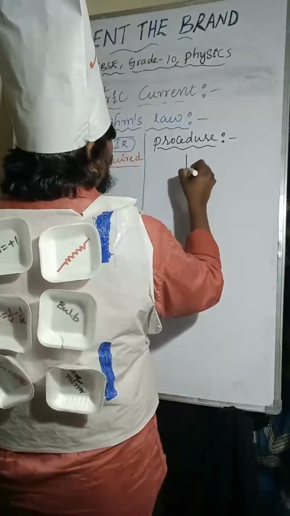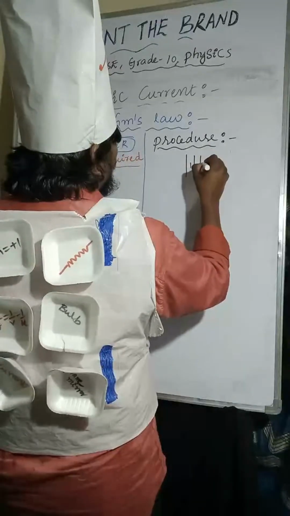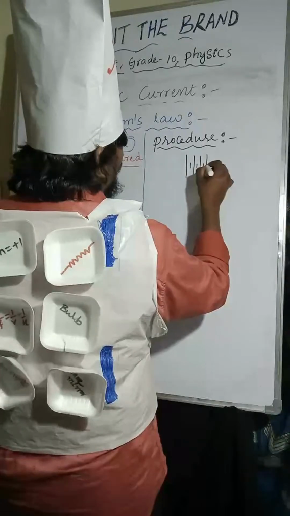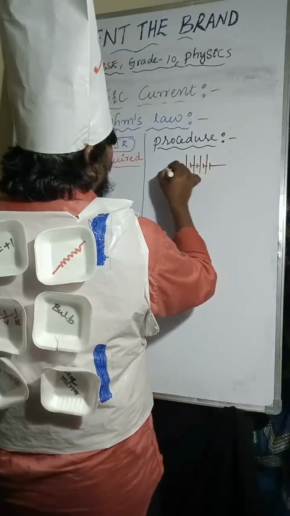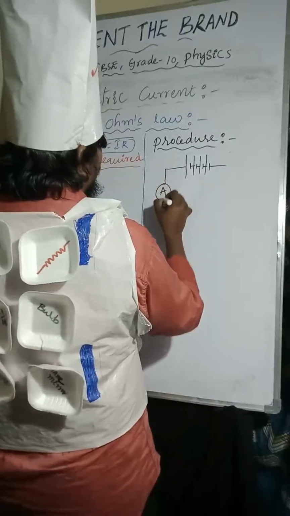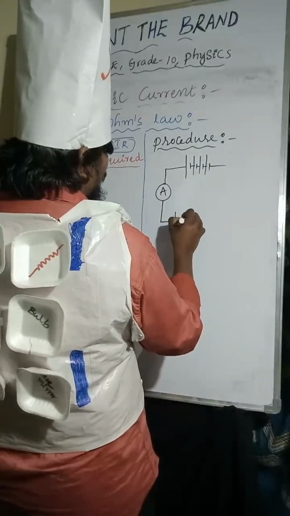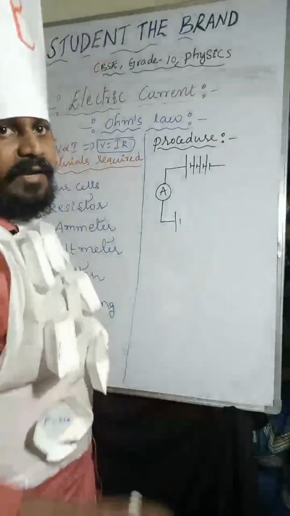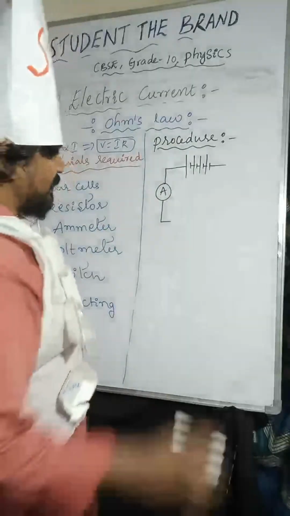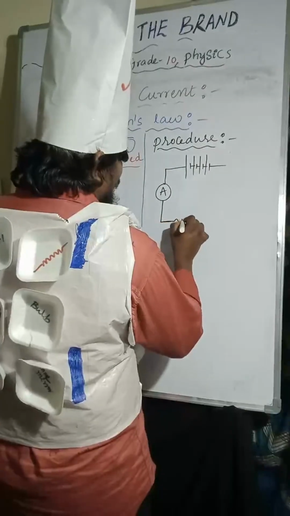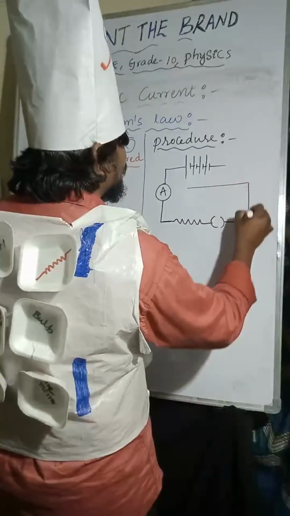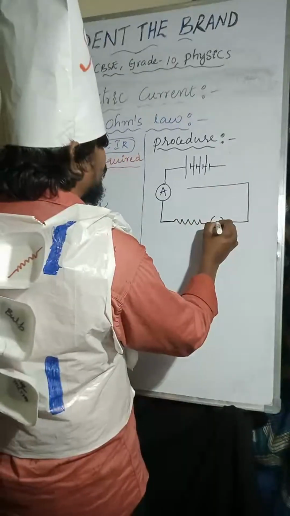I am taking 4 cells: 1, 2, 3, 4. Then the ammeter, then we take the resistor, and the switch.